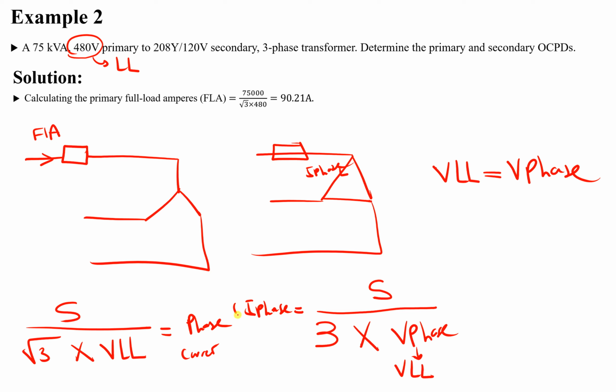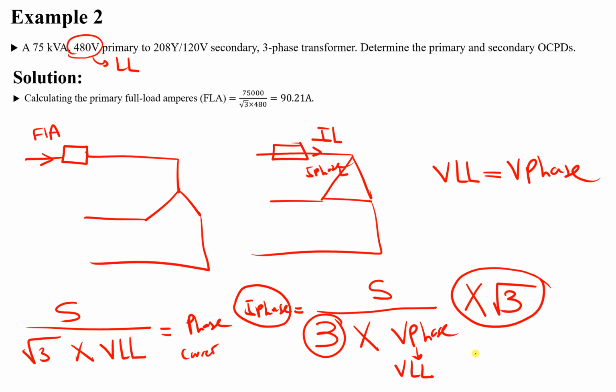This is the phase current. Now, what I need is this current, which is I line. So in order to convert the I phase to I line, we need to multiply this by root 3. So root 3 divided by 3 will give us 1 over root 3.